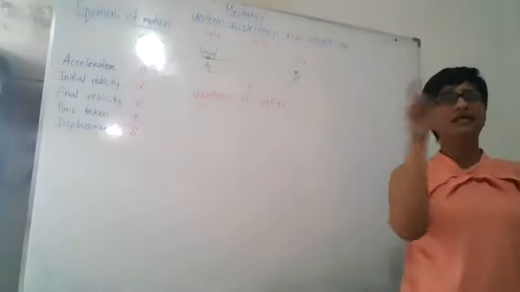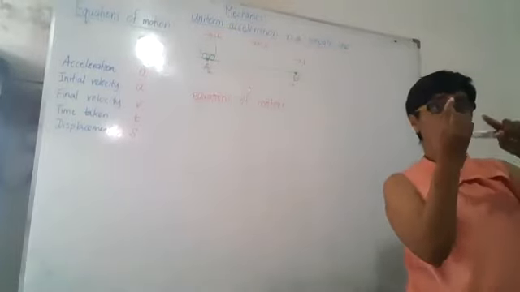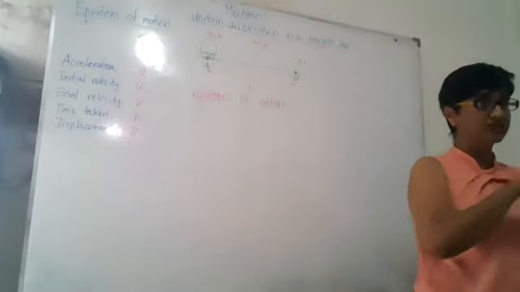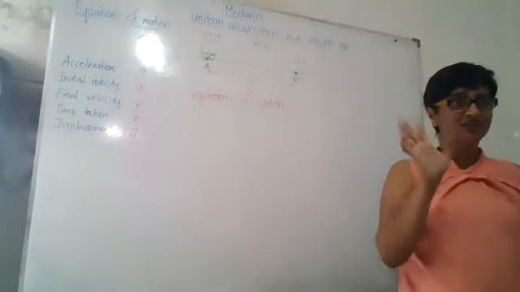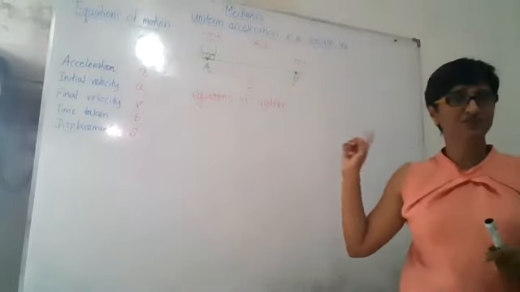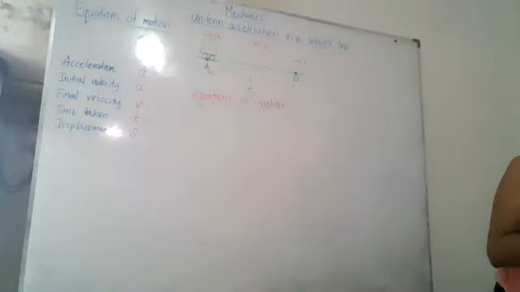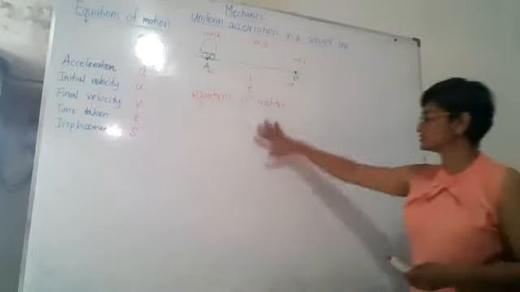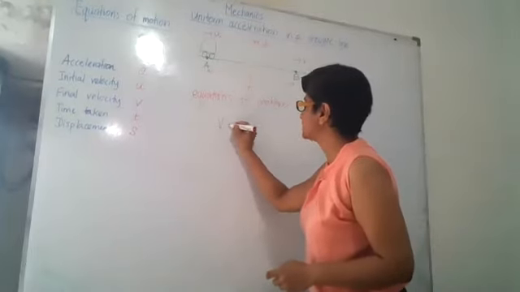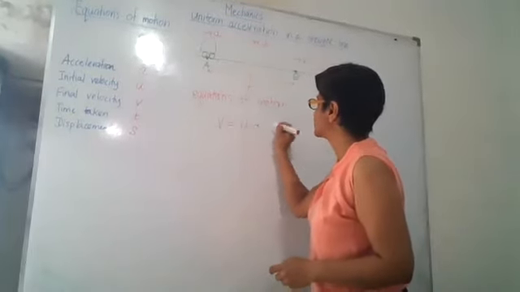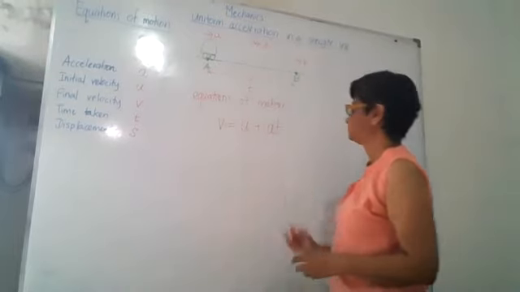So a equals v minus u over t. You cross multiply and rearrange a bit, and you get the first equation of motion. There are four. The first one is v equals u plus at.